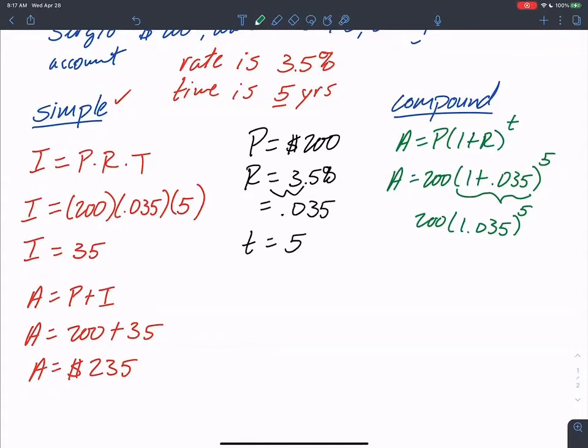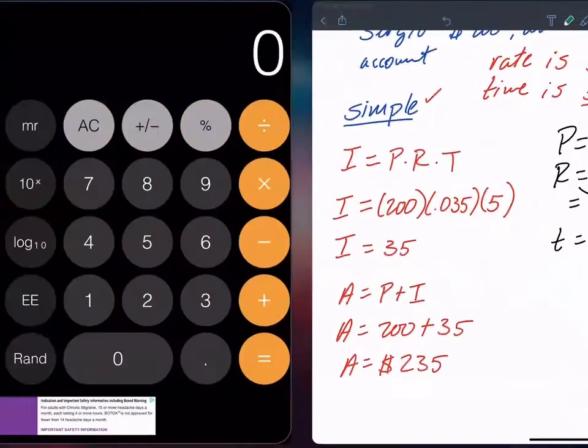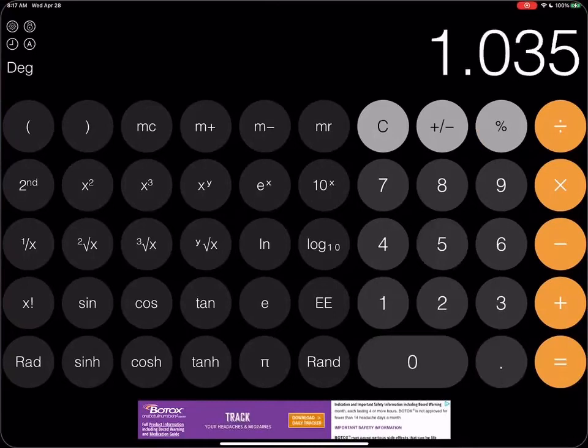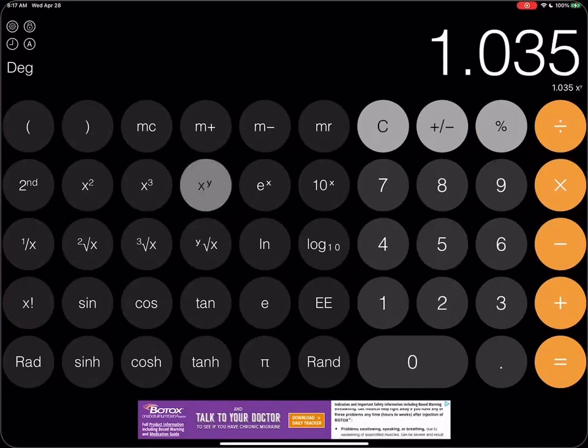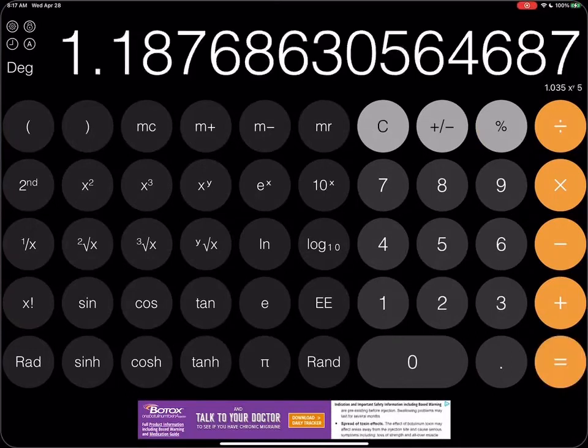Hold on. 1.035 to the 5th power. 1.035, you're going to press the button that has an x to the y right here, 5th power. If you turned your calculator sideways, if you have an iPhone, it's the exact same kind of layout. Equals. That's an ugly number, guys.